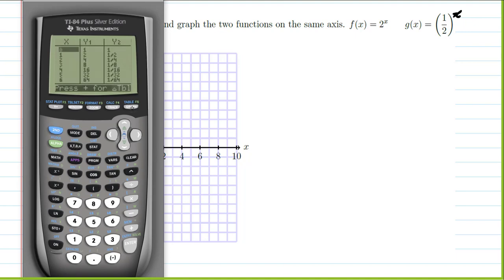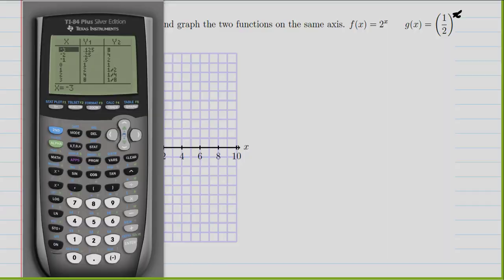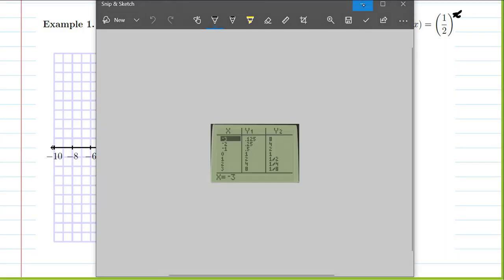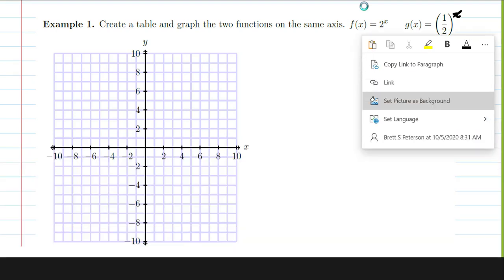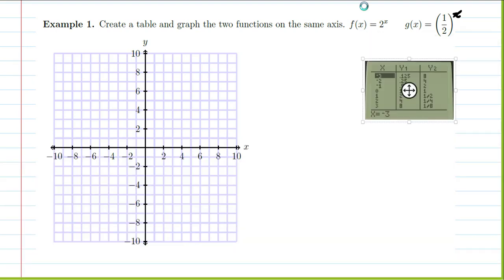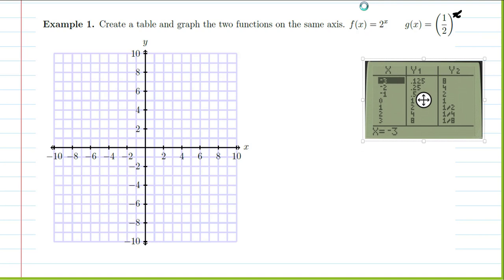In the second table, we get our table of values. It looks something like this.